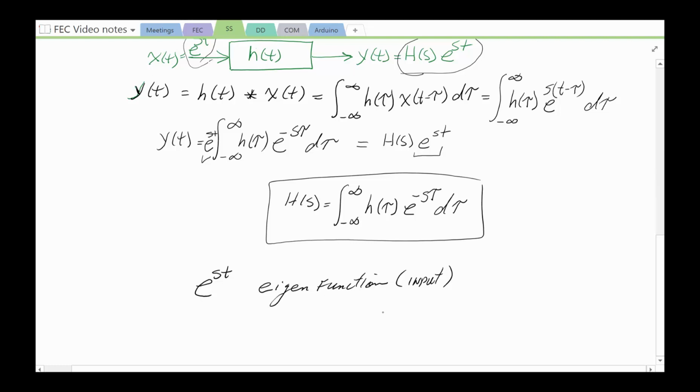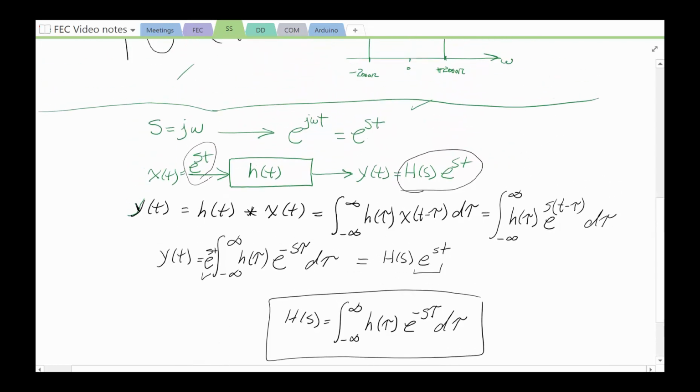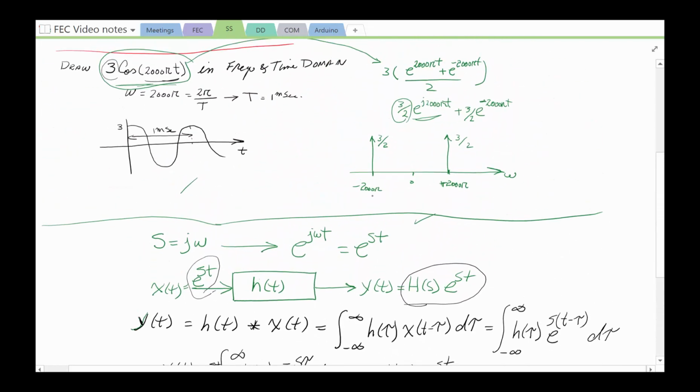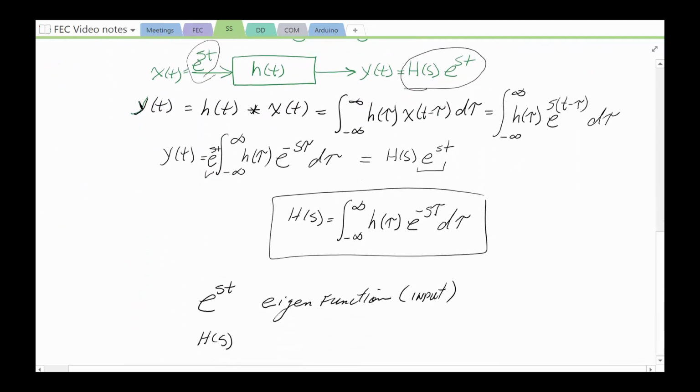And h of s, for any specific value of omega, let's say here we had two specific values of omega, minus 2000 pi and plus 2000 pi. When you plug those particular values into your h of s, you're going to get the eigenvalue.